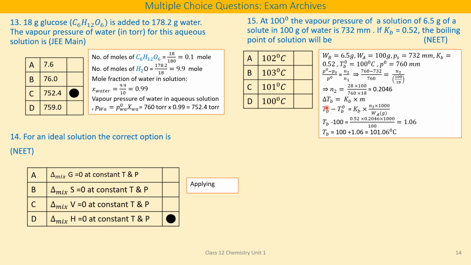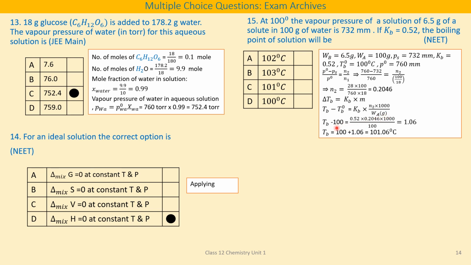And then use the formula delta Tb is equal to Kb into m. The delta Tb is nothing but Tb minus Tb naught, that is equal to Kb into m. The formula for m is n2 into 1000 divided by WA in grams.